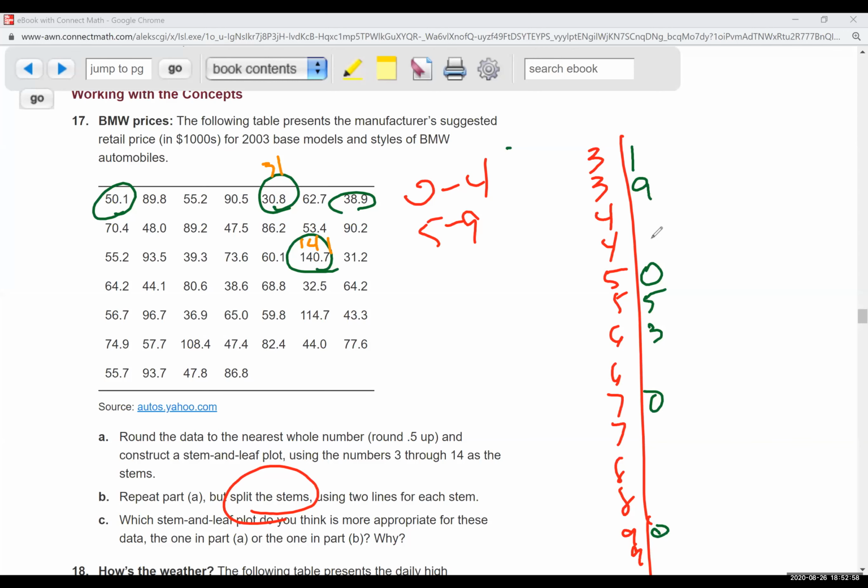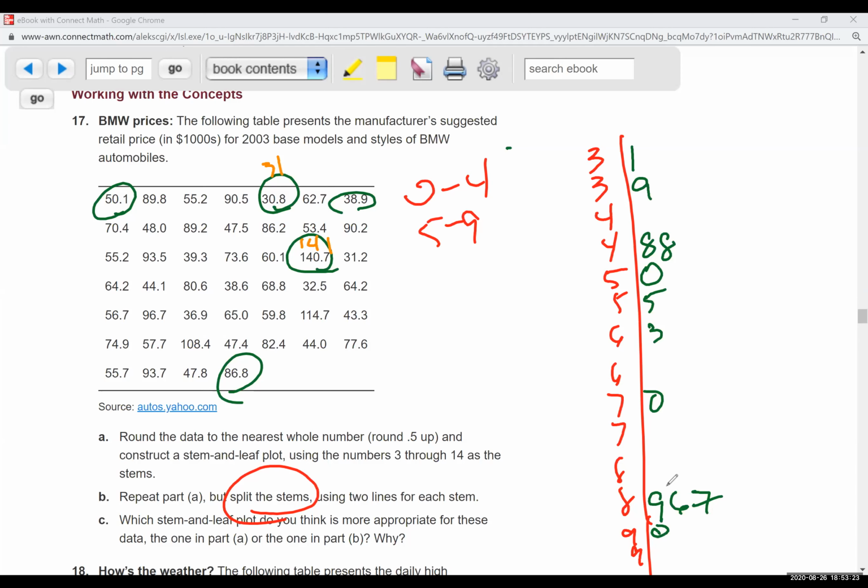So that's on the second 4. 89.2 is 89. So on the second 8. 47.5 is 48. So another 8 here. 86.2, so 6 here, and so on and so forth, up to the last one. So let's say 86.8 is 87. So that's going to be 7 here.